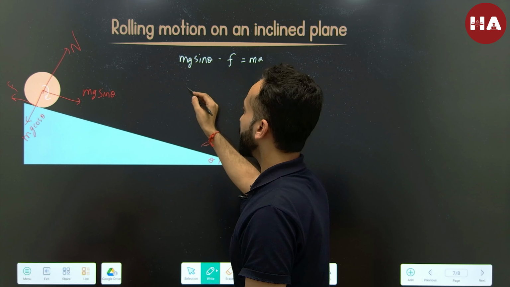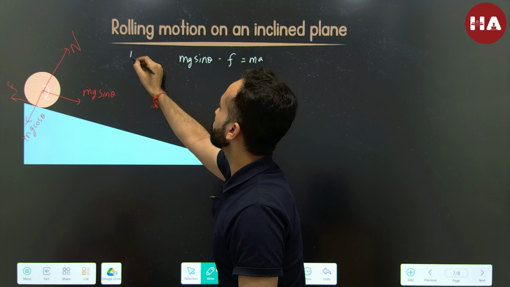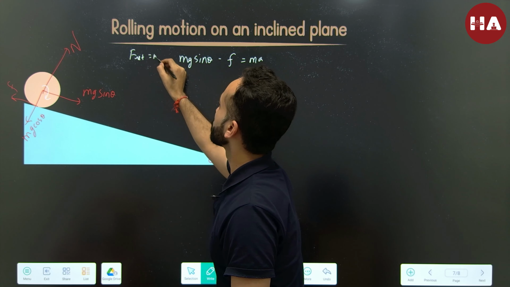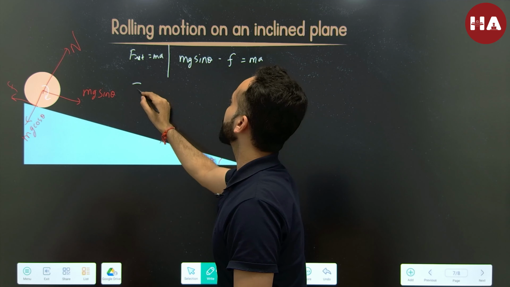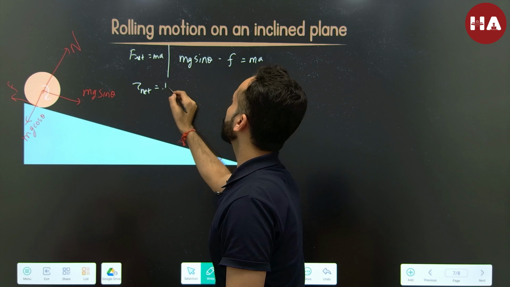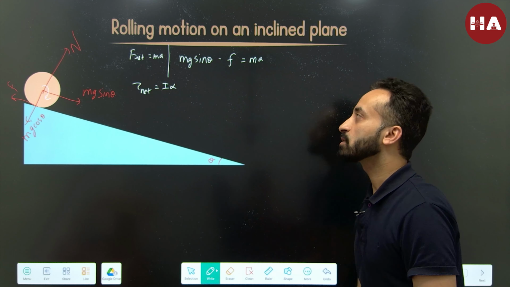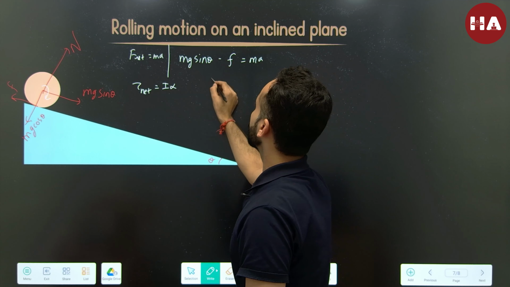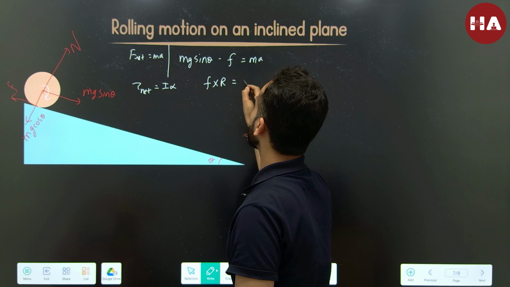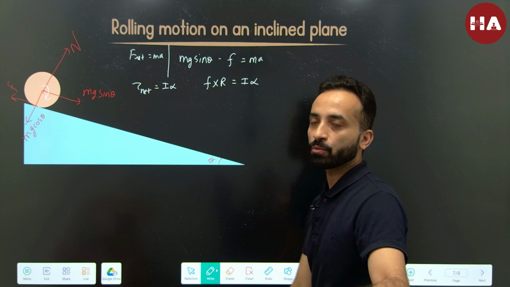Alright. Next, this is the equation of F net is equals to ma, just to remind you. Similarly, net torque is equals to I alpha. So, F into R is equals to I alpha. I hope you know the basics.